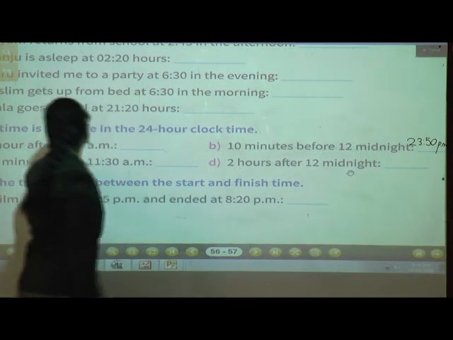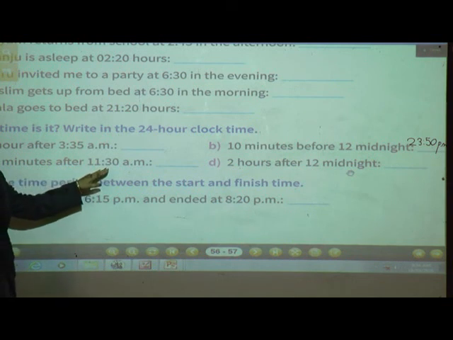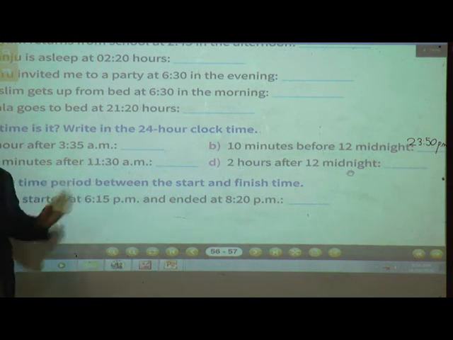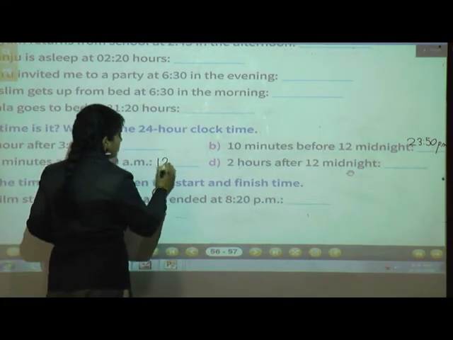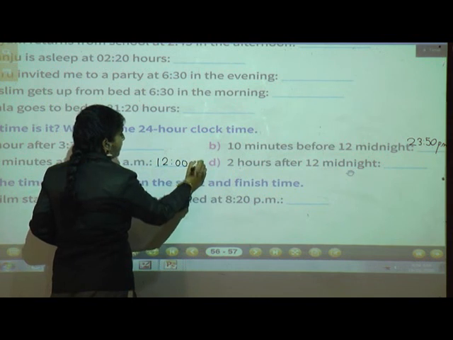Okay. Now here, 30 minutes after 11:30 AM. 11:30 AM means here in the morning. So just add 30 minutes to 11:30. What will we get, students? Yes, 12 PM.